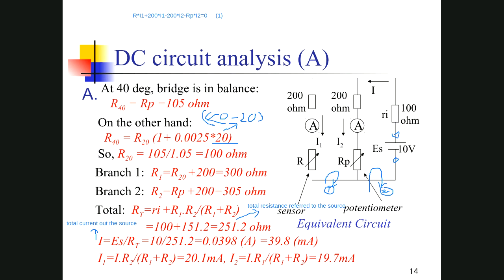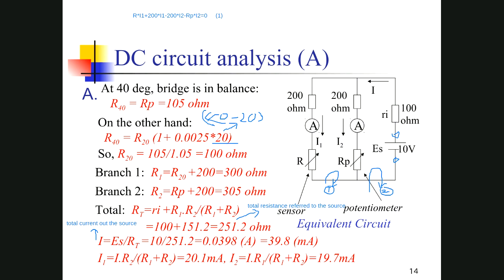So for loop 2, we count in the clockwise direction and start from the potentiometer.